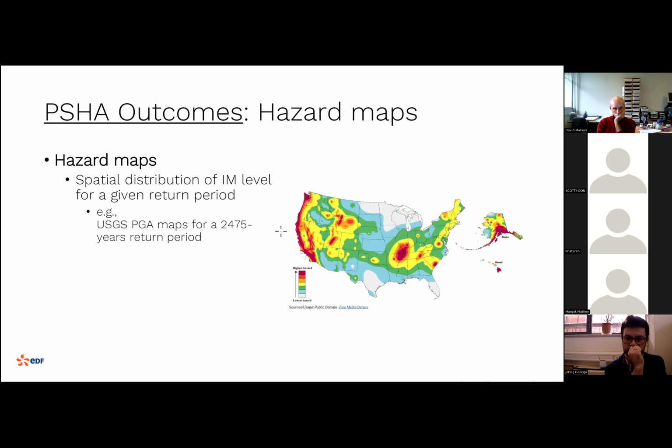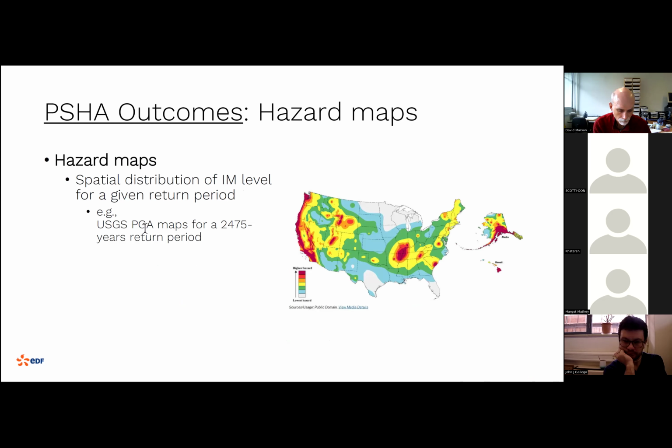Another typical outcome of PSHA is the construction of hazard maps. Hazard maps are often represented as colored maps, where the color itself is related to the value of an acceleration level.